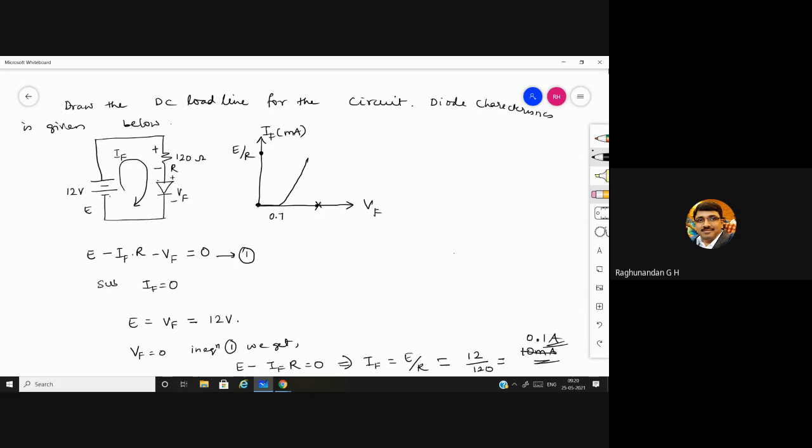Now we obtained this point. Now you join these two. The point where this curve and this line meet is known as the Q point. This is what you need to do.